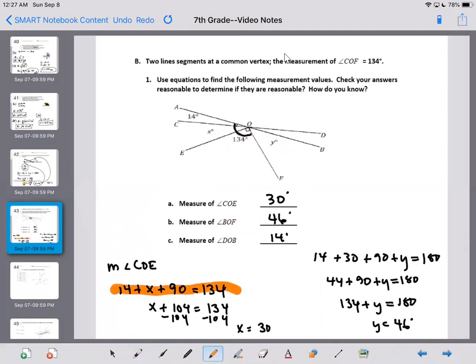So we did the 14 plus X plus 90. We knew it was 90 because that angle measure right there showed that it was 90. So we knew 14 plus X plus 90 equaled 130. And then once we found X, we were able to use 14 plus X plus 90 plus Y is equal to 180 to figure out the Y value.